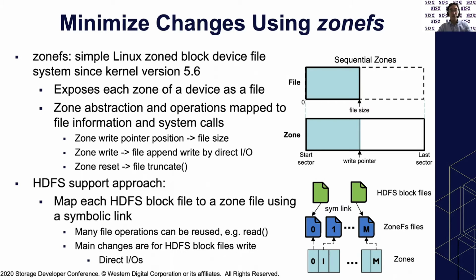Zonefs exposes each zone as a file. The operations to zones are mapped to file information and system calls. For example, when an application wants to know the write pointer position, it can be done by checking the file size.